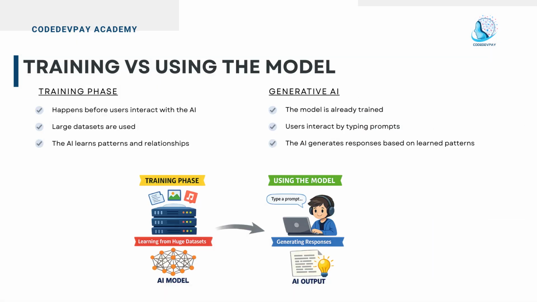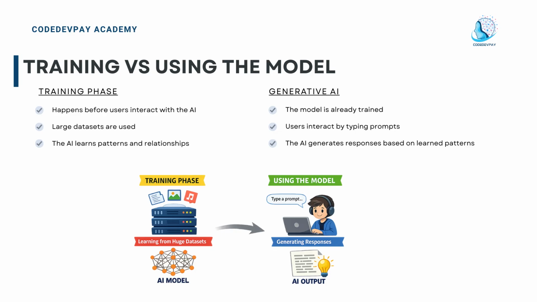Okay, so let's look at the training phase versus using the model. During the training phase, large data sets are used. And one thing you should know is that the training phase happens before users interact with the AI. The AI learns patterns and relationships during the training phase. In the usage phase, the model is already trained.